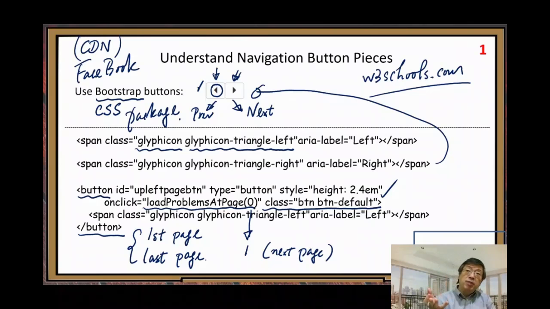If we are at the first page, then we do not display the previous button. So the user will not click something that does not work, right? We don't want to put a useless component on the page. Similarly, when we are at the last page, we don't want to put a next page button there, right?